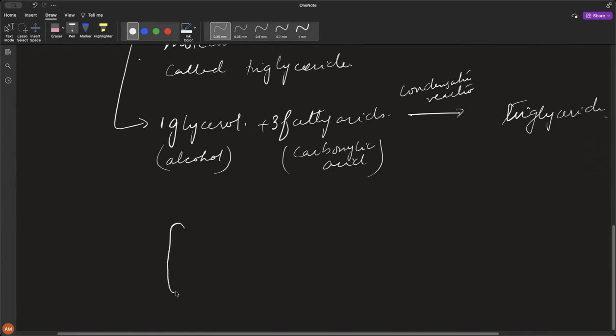So this is the glycerol molecule, and there are three fatty acid chains generally drawn like this. Each of these peaks is actually representing a carbon.